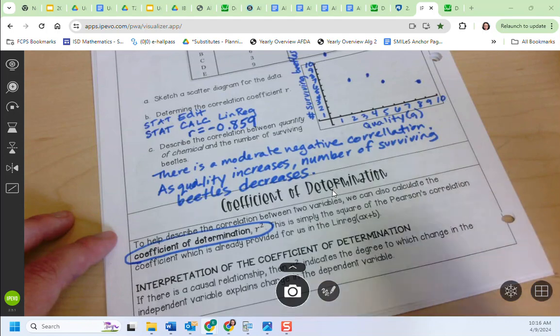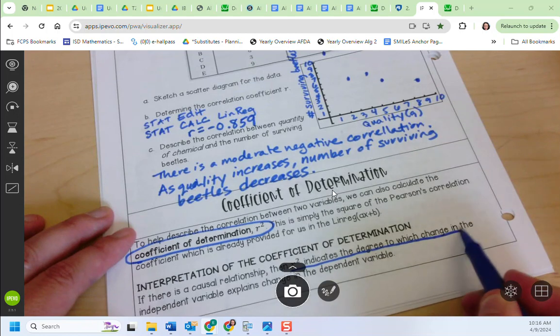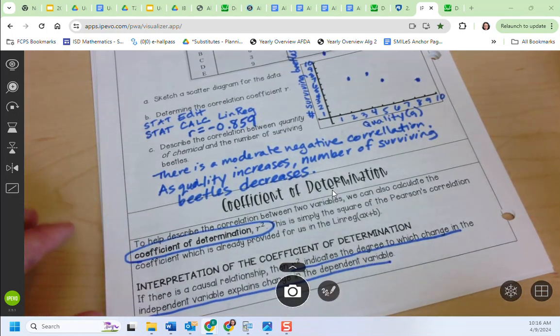If there is a causal relationship, then the R squared indicates the degree to which the change in the independent variable explains the change in the dependent variable. So if I had an R squared value of like 0.75, then that would tell me that 75% of the change in Y.